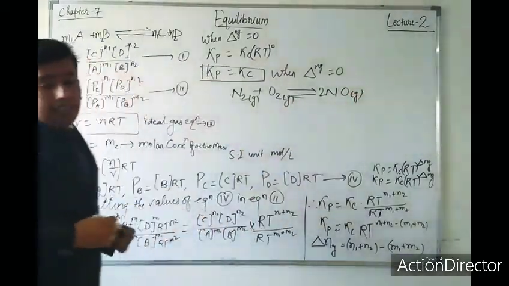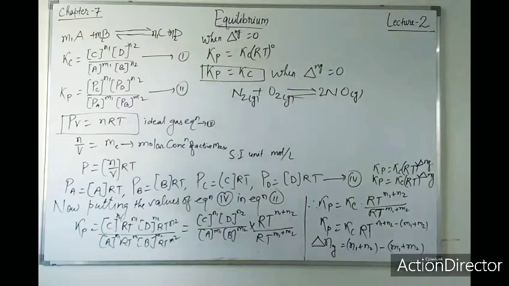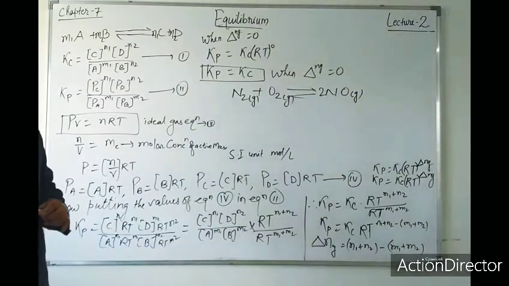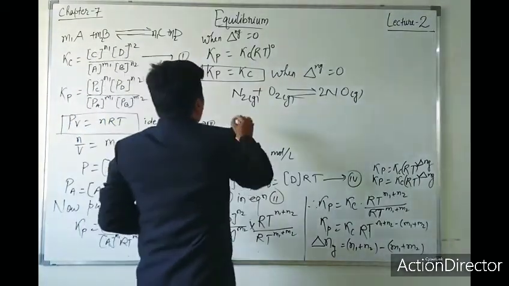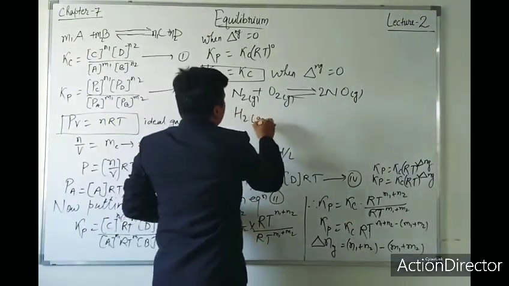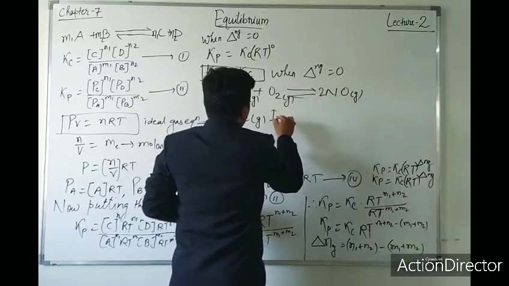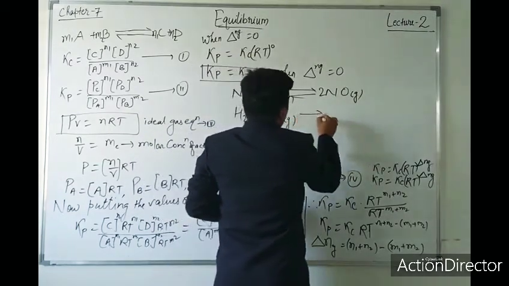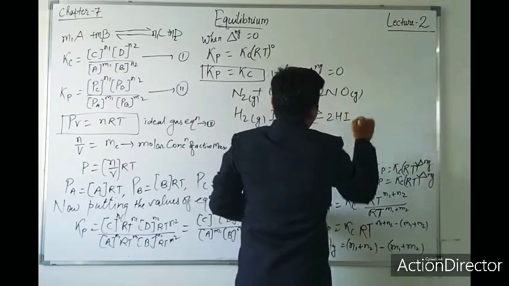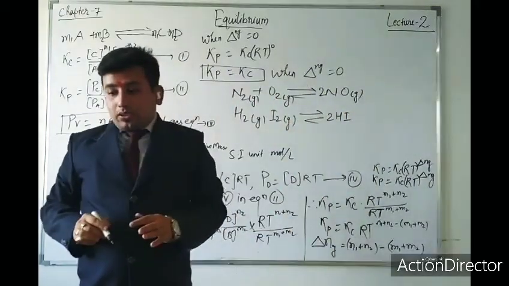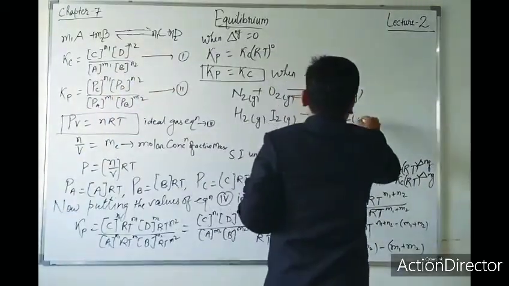Now can you tell me here, what is the value of Kp and Kc? The value will be equal. No need to worry, the value will be equal. Similarly, if we talk about hydrogen, molecular gases, and I2 also, it is the same, nothing else. Okay, but don't forget to write the physical states.